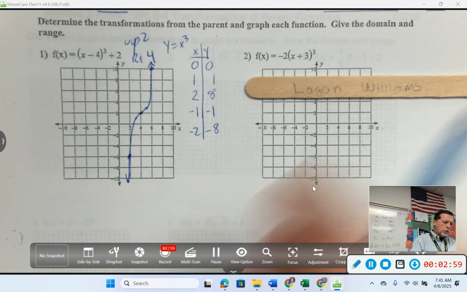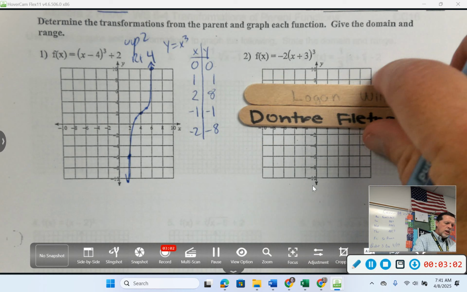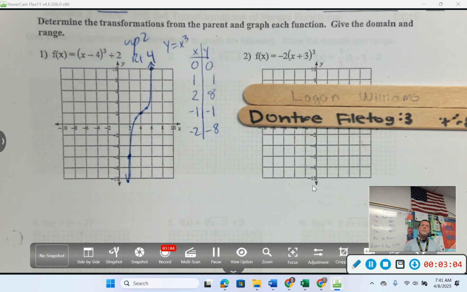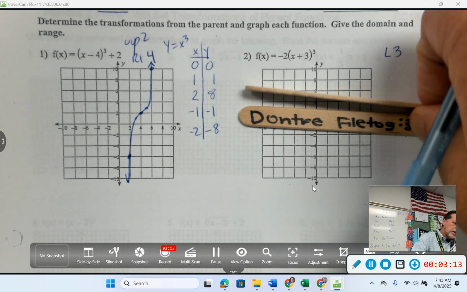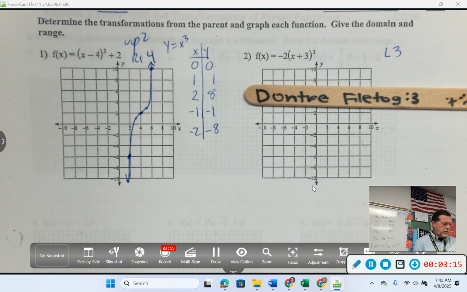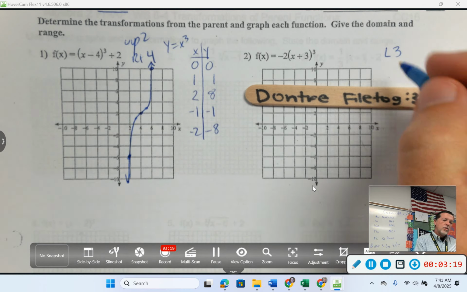How about number 2? Logan, what transformations have happened to number 2? Left 3. Dontre, what else? Stretch by how many?